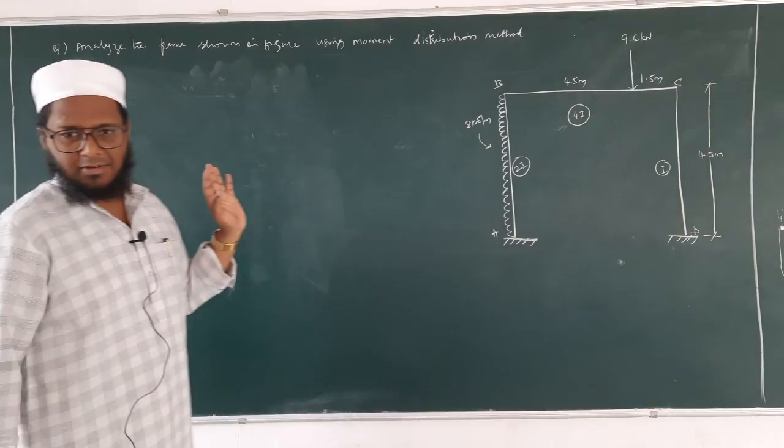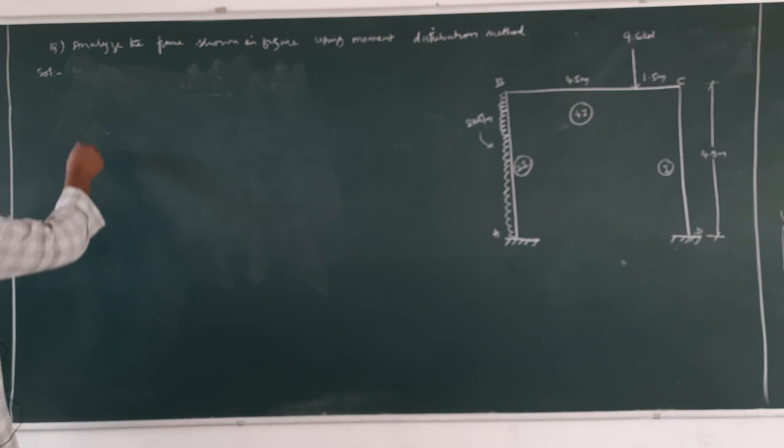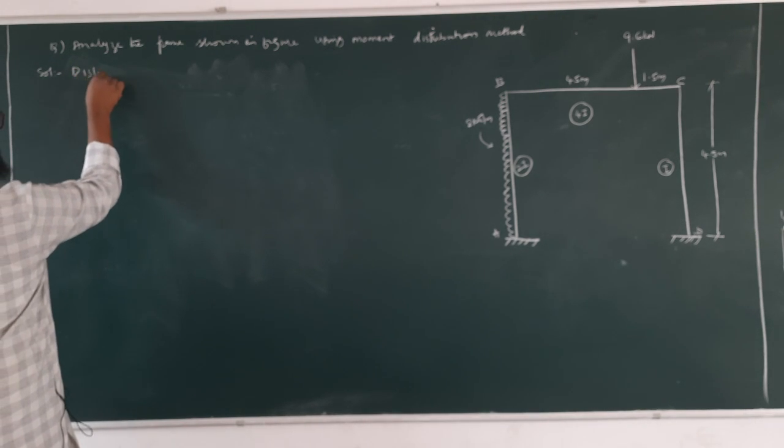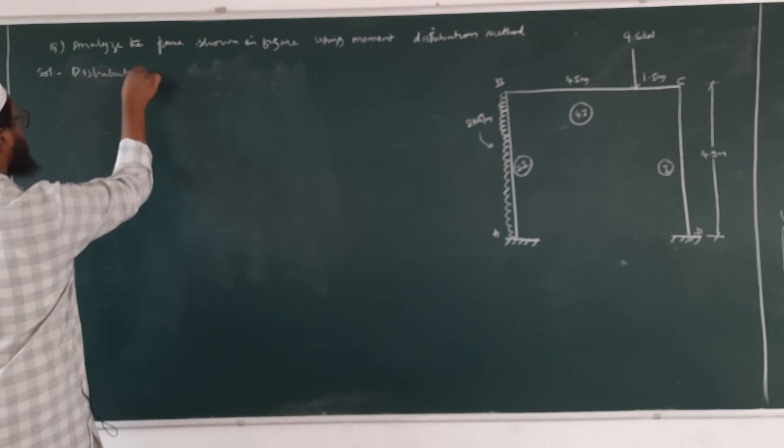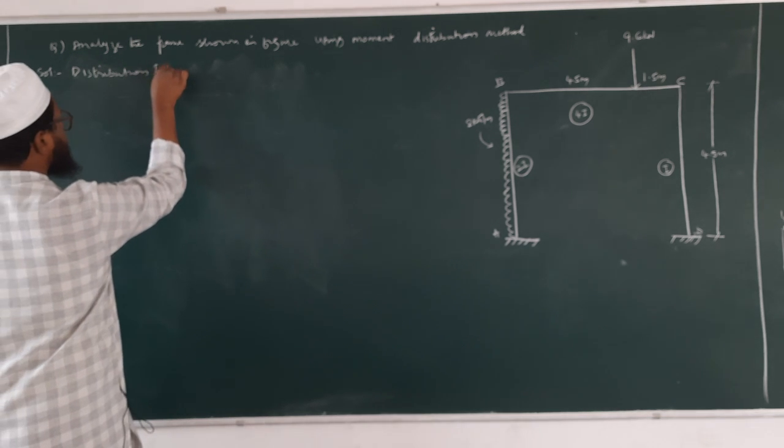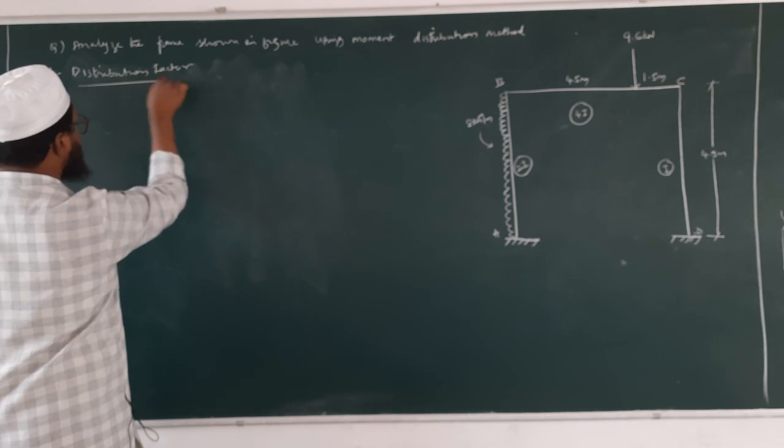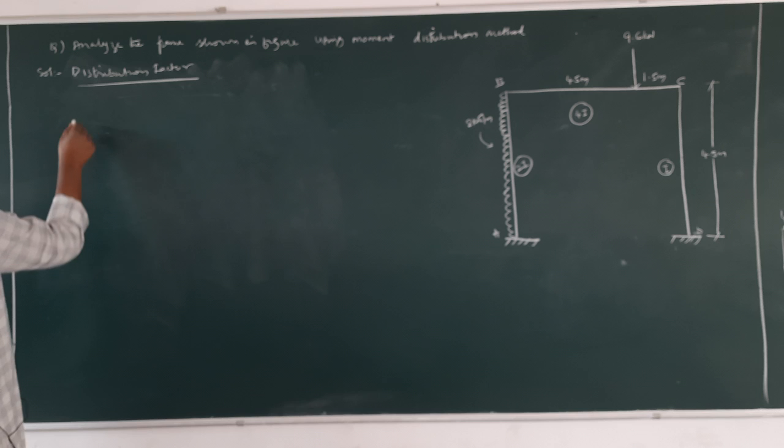Now see here, distribution factor. How many joints are there, you tell me?